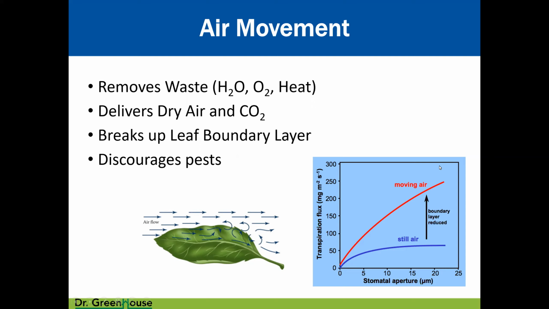Air movement is really key because it removes the waste products from your plant, including water vapor and heat from, say, lamps in a vertical farm, as well as the oxygen that they're producing.